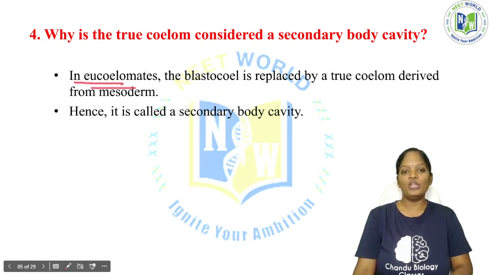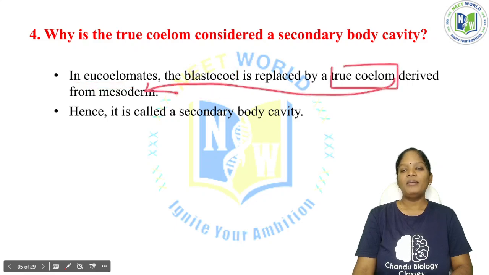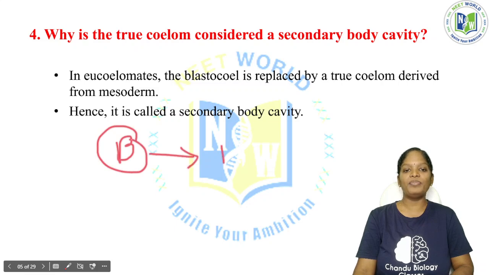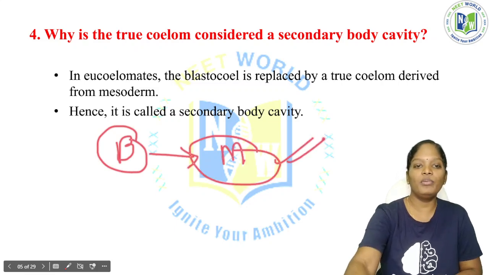In eucoelomates, the blastocoel is replaced by a true coelom, which is derived from the middle layer, the mesoderm. So you should know that if there is a true body cavity, that cavity originates from the middle layer mesoderm. This is a very important question.